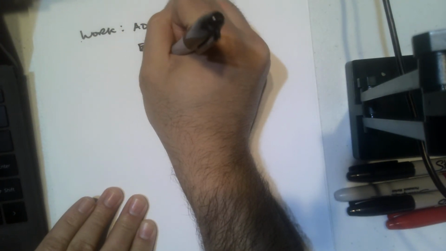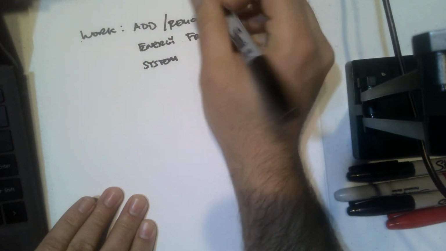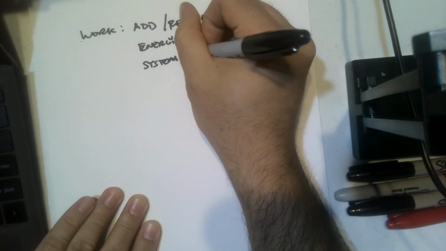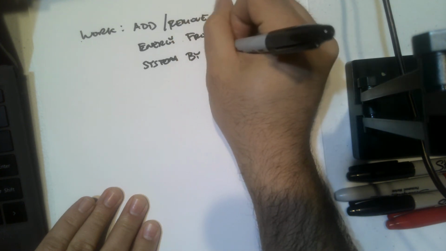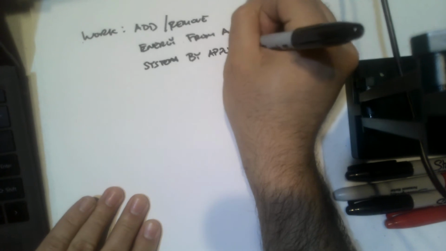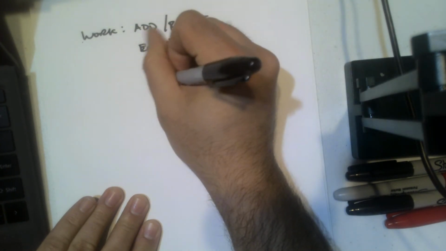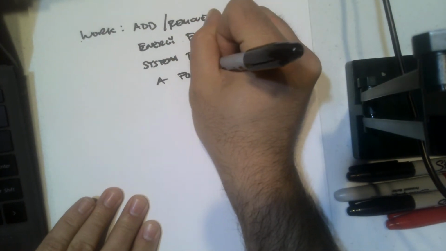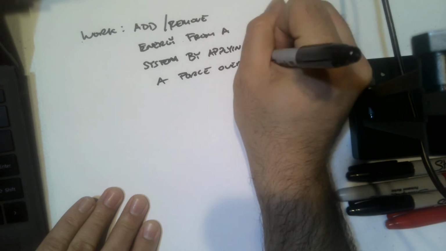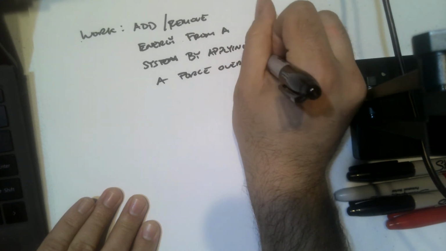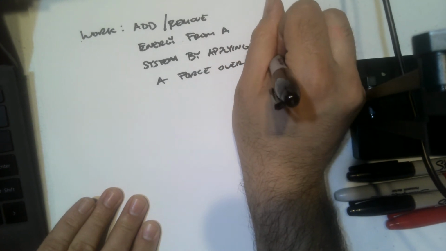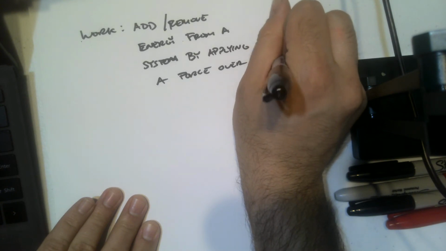A system is a very technical term right now. From a system, and this is done by applying a force over some sort of distance or displacement. I'll go with displacement.